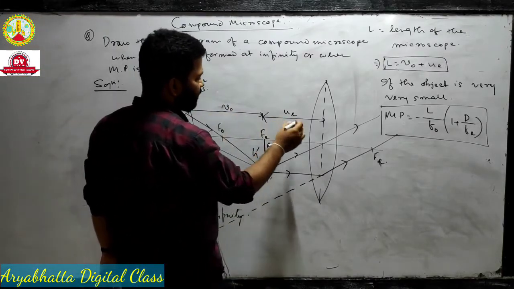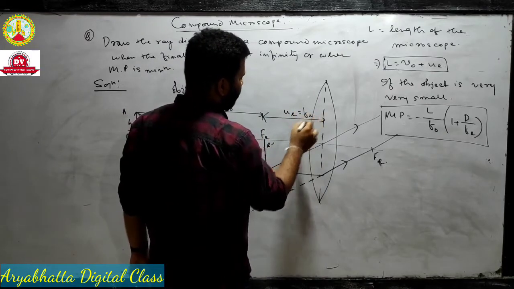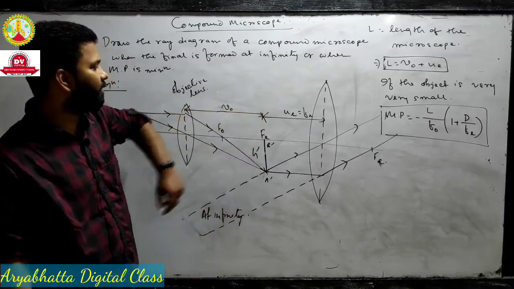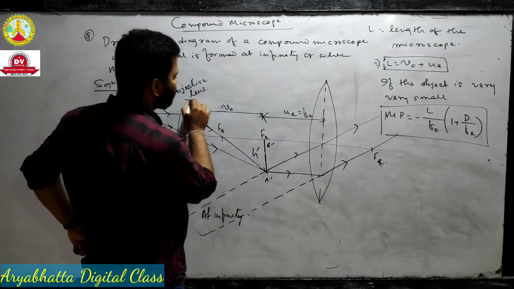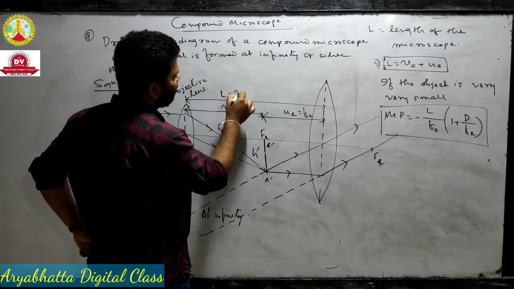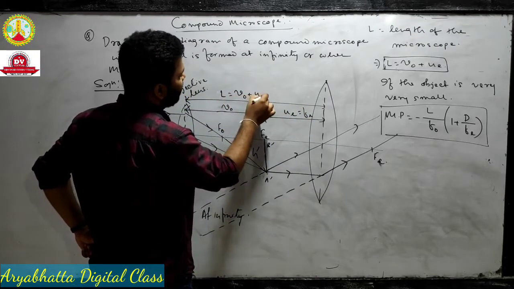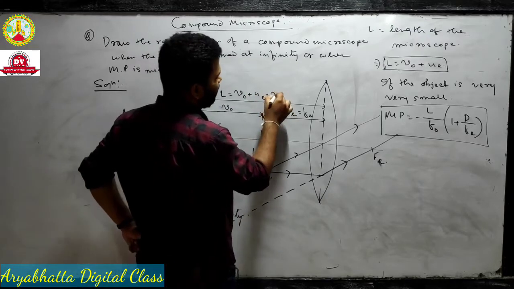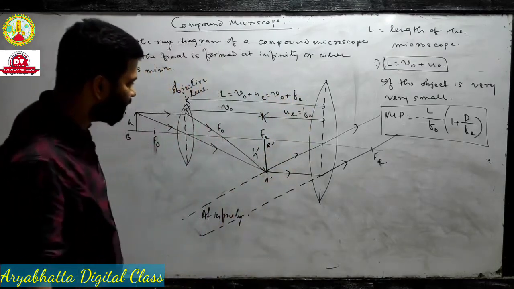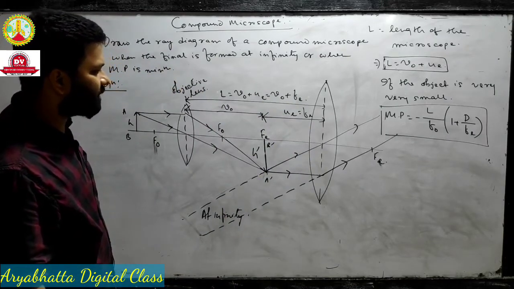This distance will also be equal to the focal length of the eyepiece, because the object is at focus. So UE will be equal to FE. This distance is the length of the microscope. It will be V naught plus UE, or you can also write V naught plus FE, because UE is equal to FE here.